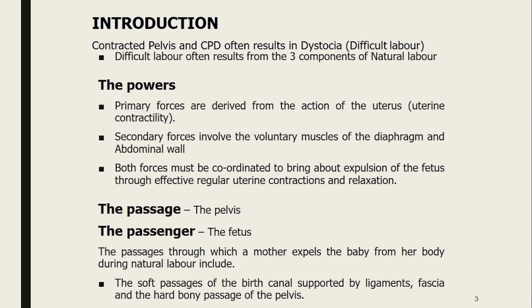The primary power is derived from the action of the uterus, uterine contraction in labor. The secondary forces involve the voluntary muscles of the diaphragm and the anterior abdominal wall. Both these forces must be well coordinated to bring about expulsion of the fetus through the vagina.